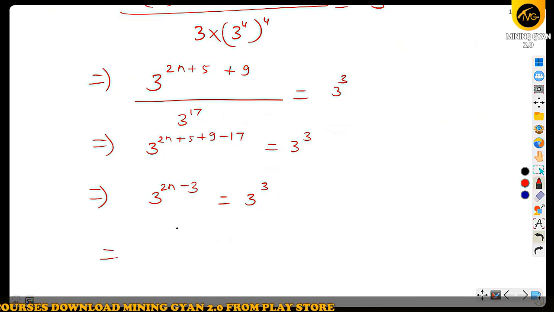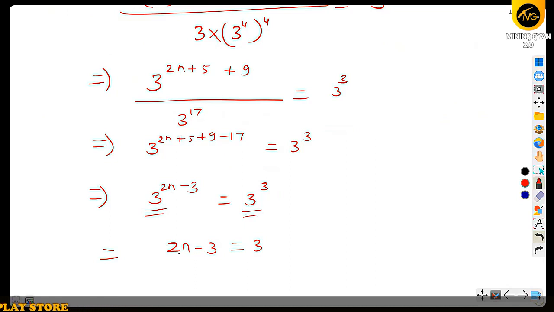Now the bases are the same on both sides, that means 3 equals 3, so 2n minus 3 equals 3. If the bases on both sides are equal, the powers will be equal. So 2n minus 3 is equal to 3. That means 2n is equal to, if we transfer minus 3 to the right hand side, 3 plus 3, that means 6.